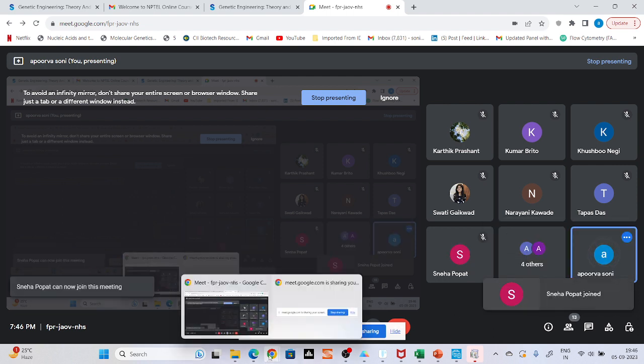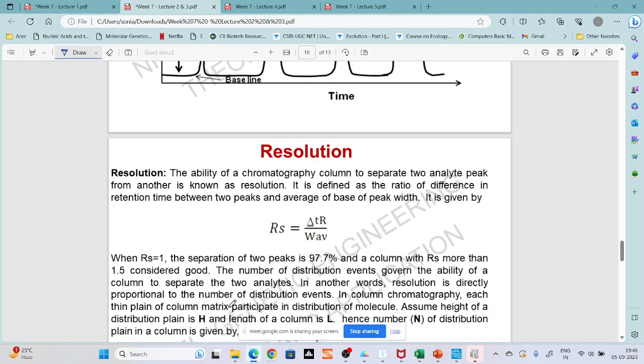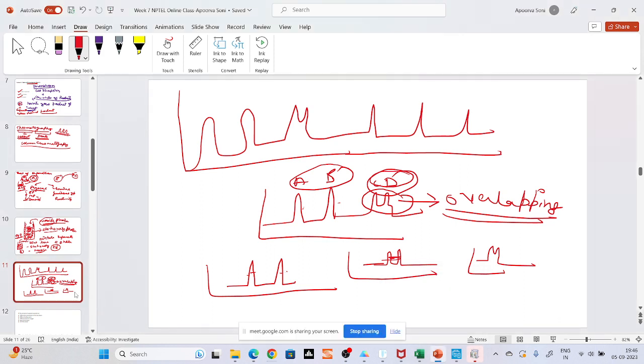Whether your column is able to give you distinct peaks or not depends on the resolution of the column. So how can you see on what the resolution of the column depends?